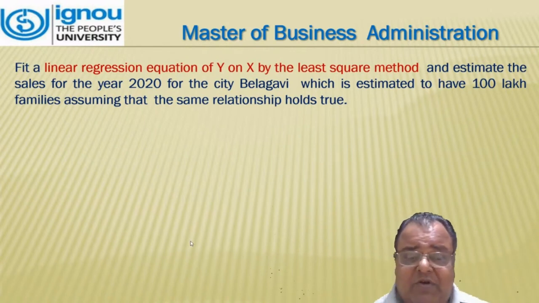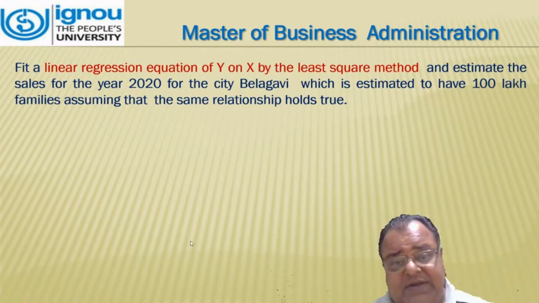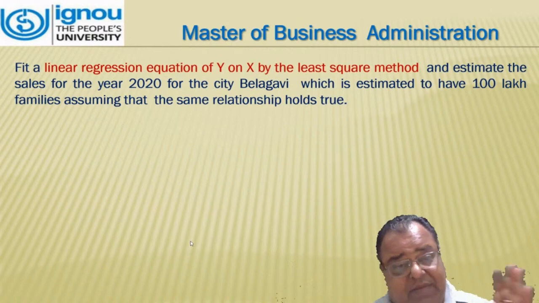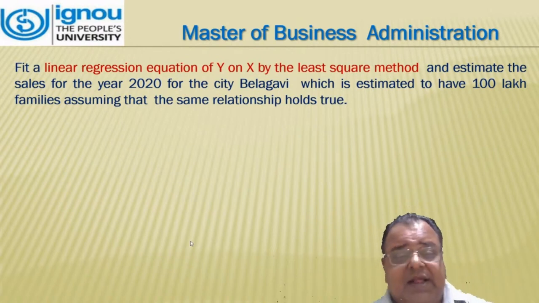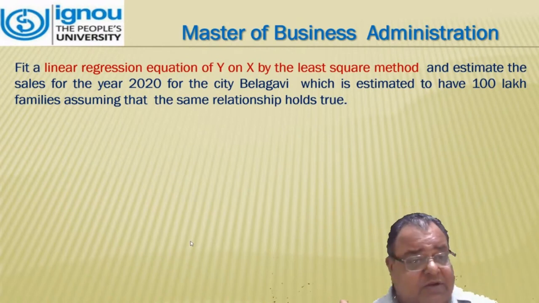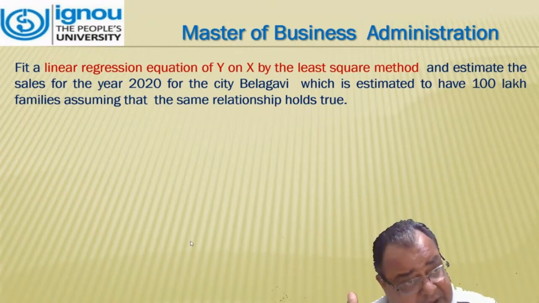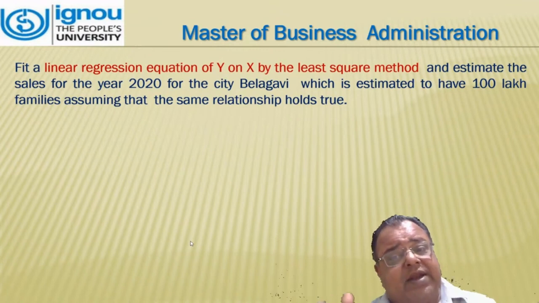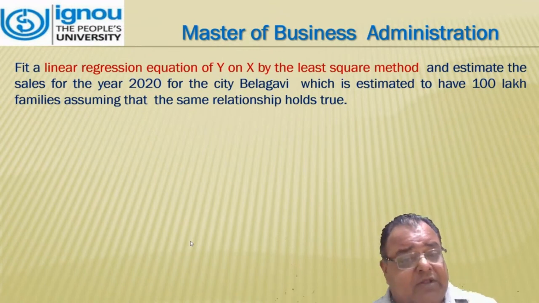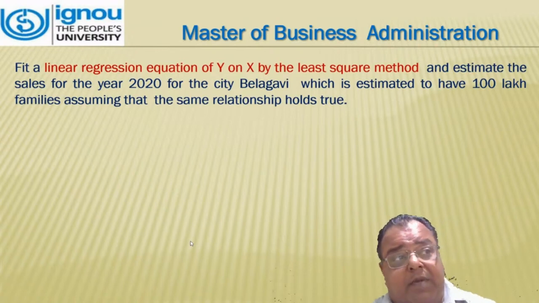The data is given for 2019, but now we are taking a year further, 2020, for Belagavi, where the estimated number of families will be 100. So what will the automobile sales be?